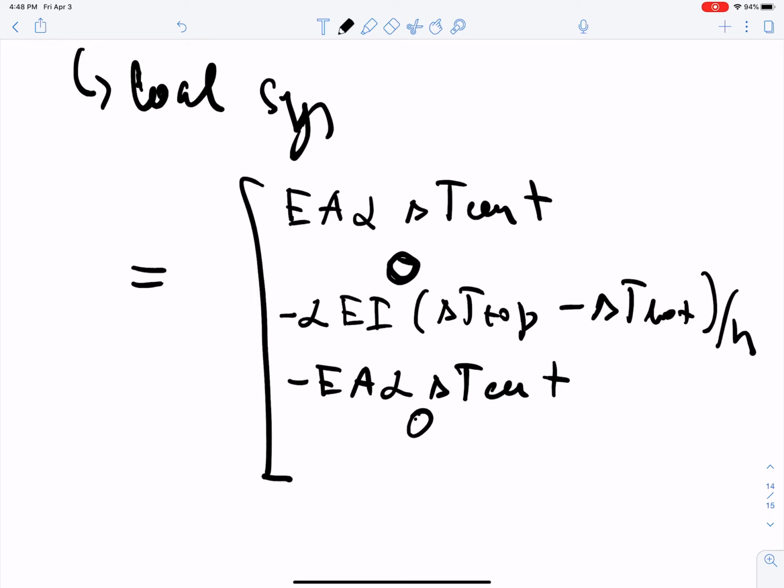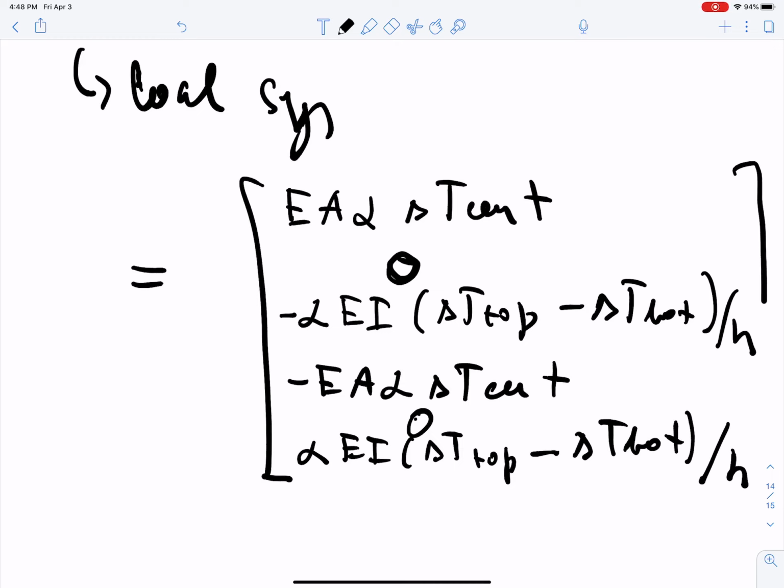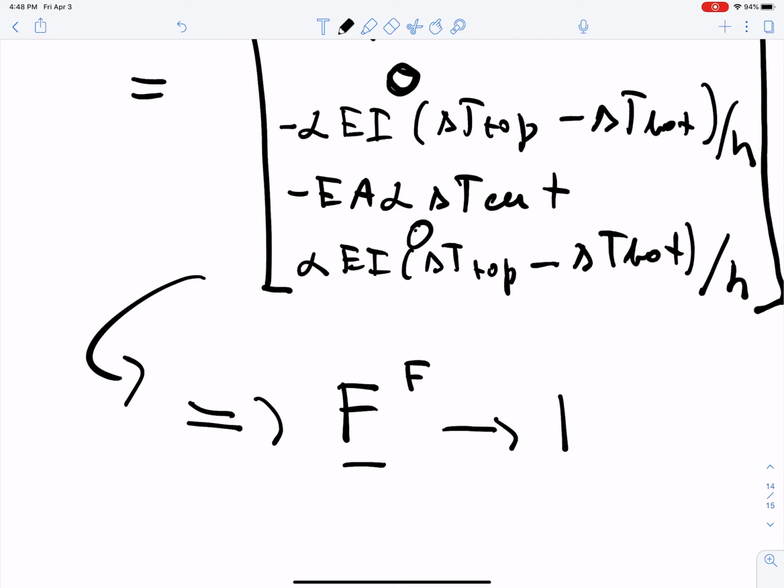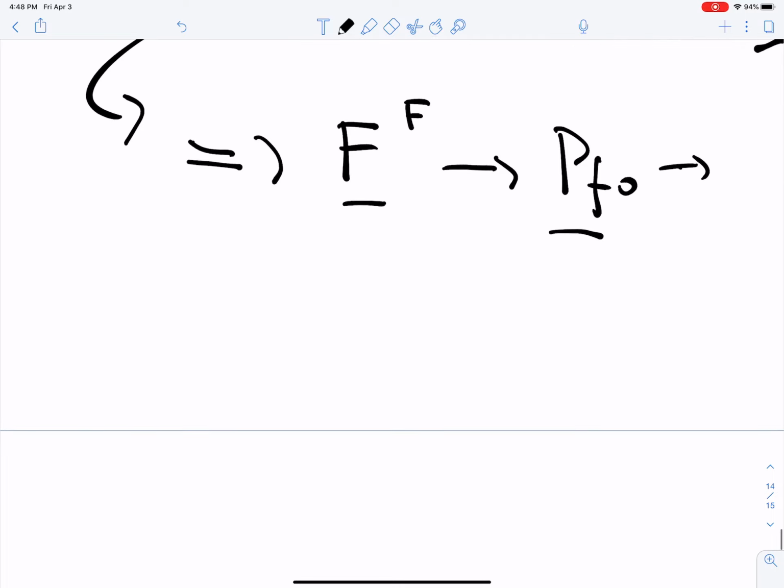Then you get 0, no vertical forces, and you get alpha EI, delta T top minus delta T bottom, over H. Now this vector goes into F, and then it goes into PF0, and then it goes to the structure.